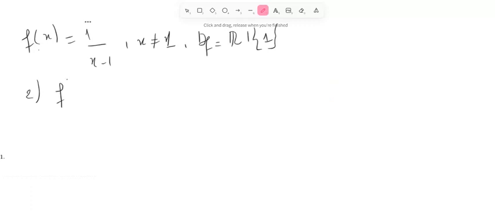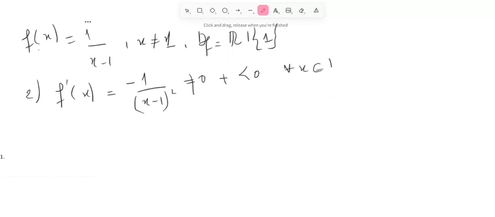So we need to find the derivative of f, which is equal to minus 1 over x minus 1 squared. And this is different than 0, plus it's strictly negative, whatever x in the domain. So the domain of differentiability is equal to the domain of the function.